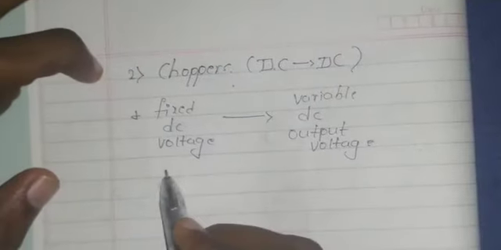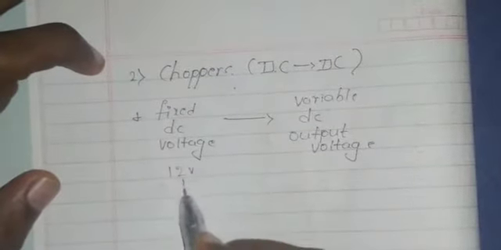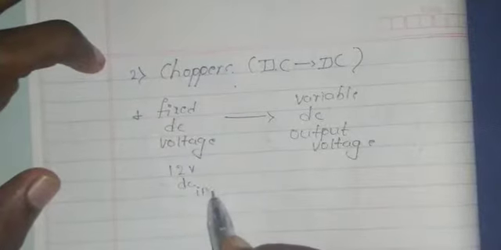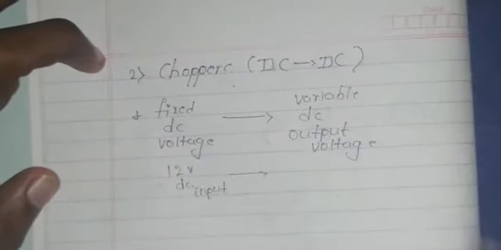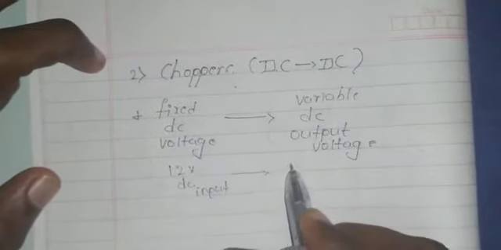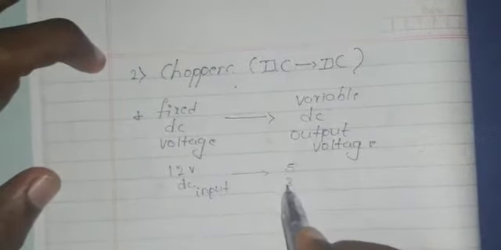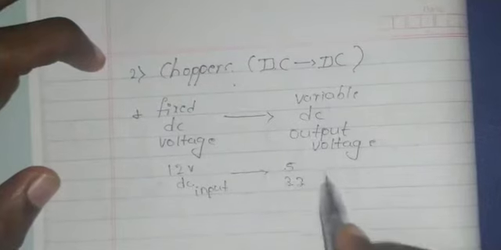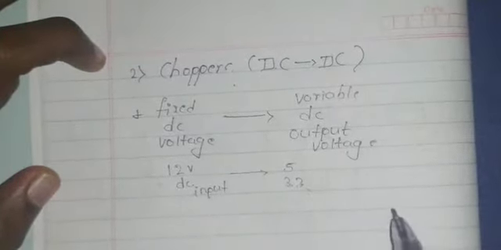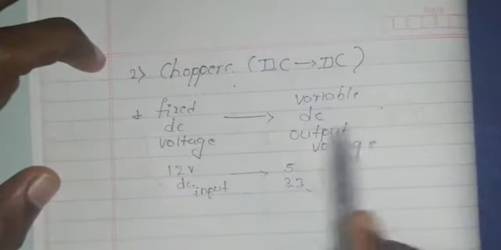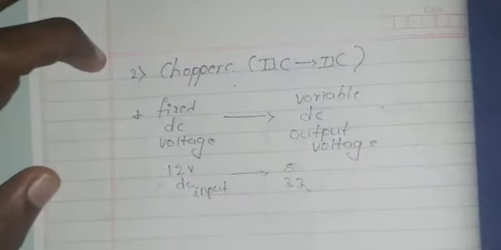That means if I have 12 volt DC as input, I can convert it to 5 volt or 3.3 volt, standard voltages, or any voltage. So it's a variable DC output voltage.